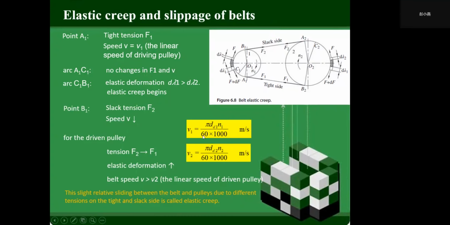And this is the calculation equations of V1 and V2. V1 is this speed, and V2 is this speed. V2 is the linear speed of the driven pulley.